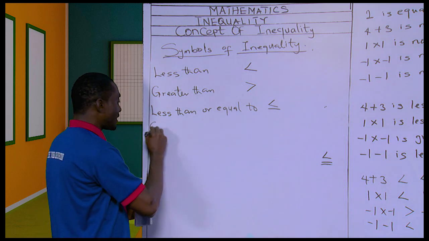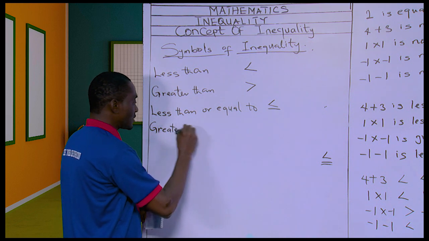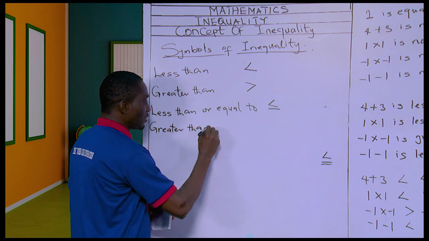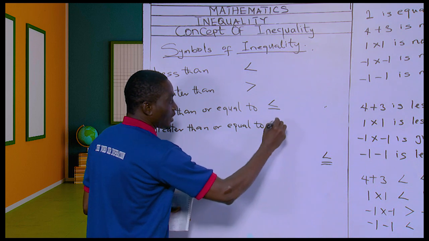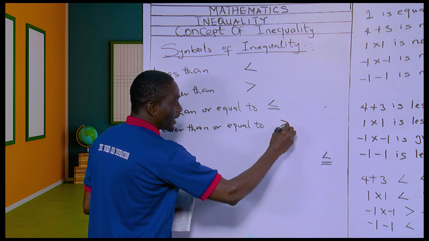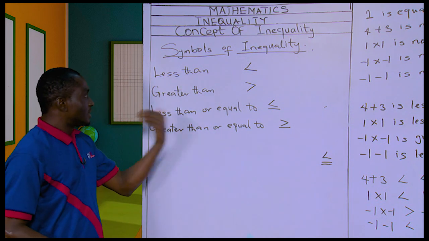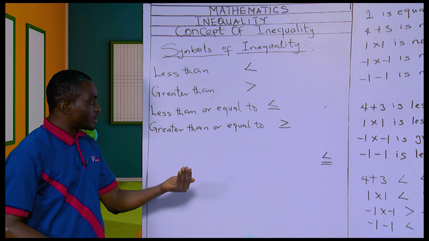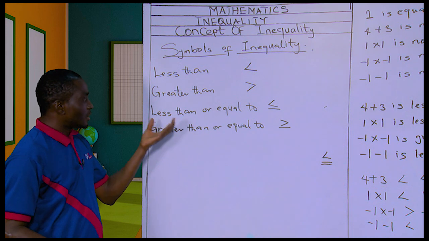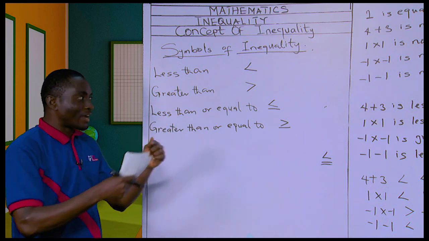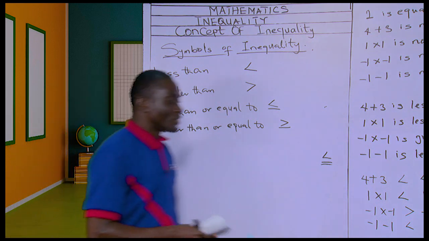Greater than or equal to can be symbolized as this. Later, in the next lesson, I will be telling you the meaning of less than or equal to and greater than or equal to, and how we use them, because they have their own special meaning.